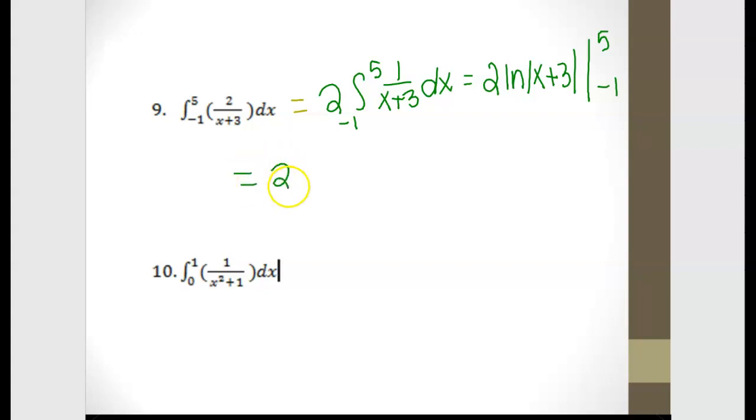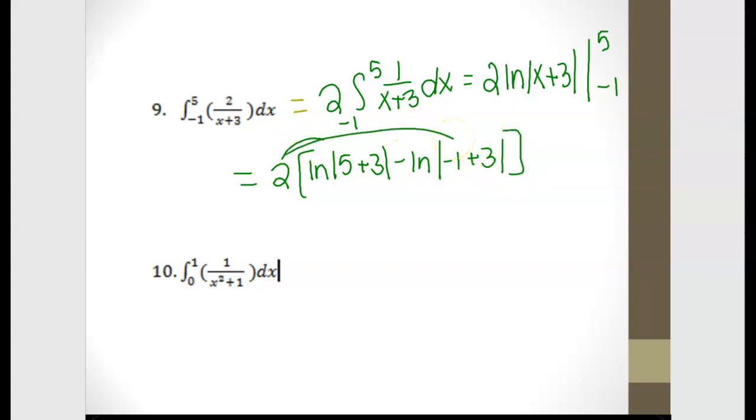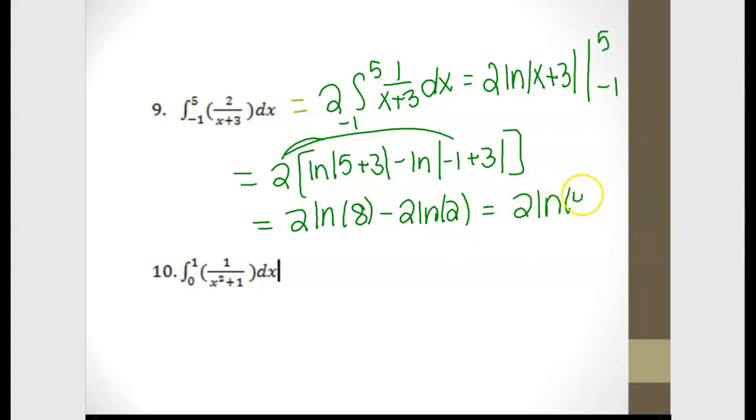So that 2 is going to get carried through to both terms. So it's kind of like the natural log of 5 plus 3 minus the natural log of -1 plus 3, and that 2 technically distributes to both. So we're going to end up with 2 natural log 8 minus 2 ln 2, or again 2 ln 4, because you have 8 divided by 2.